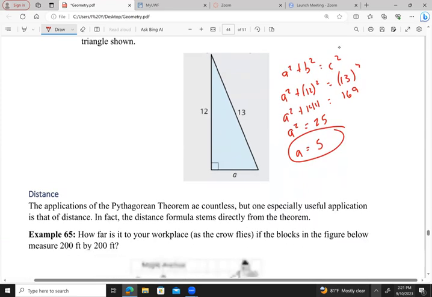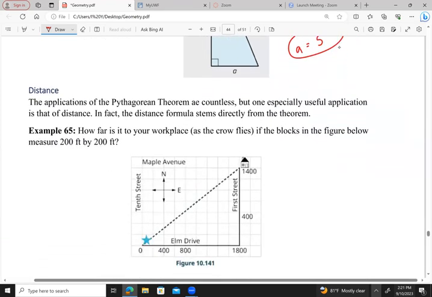That's simple. The applications of the Pythagorean theorem are countless, but one especially useful application is that of distance. In fact, the distance formula stems directly from the theorem. How far is it to your workplace as the crow flies if the blocks in the figure measure 200 feet by 200 feet?